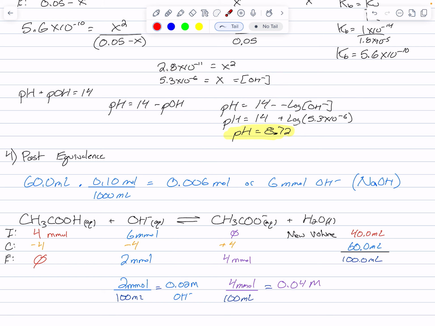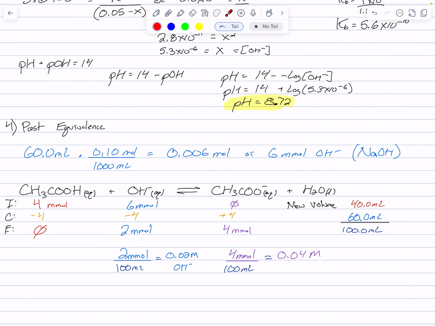Well, if you type it in your calculator, you're going to get 0.02 and then a few zeros and 5.3, right? So what we can do is, past the equivalence point, you can ignore hydrolysis of the conjugate.